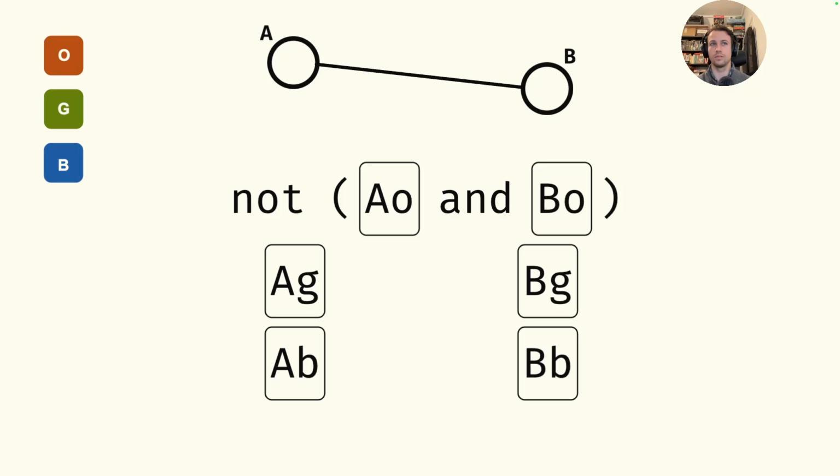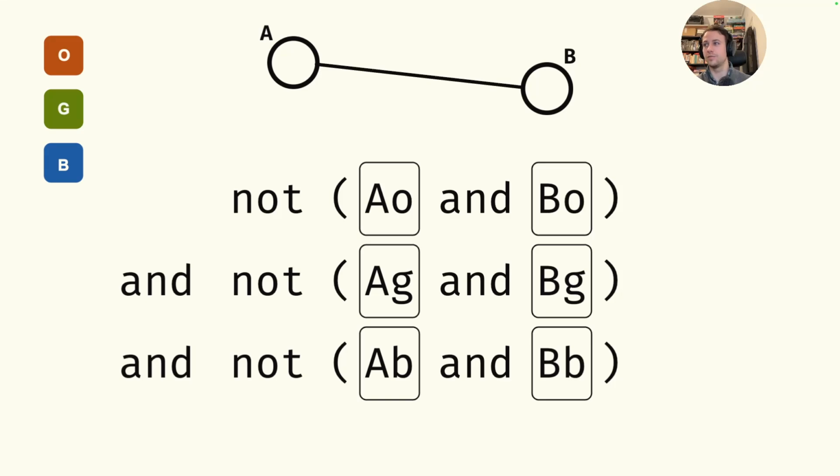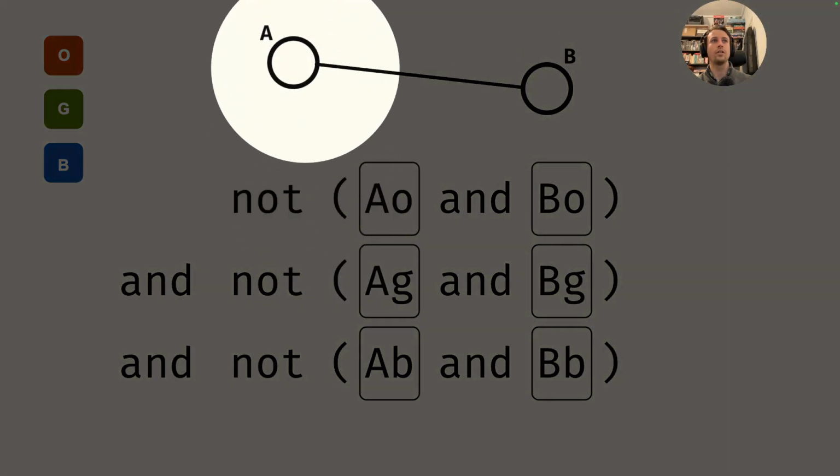And also, I cannot have A of G and B of G. And by the way, in case you weren't expecting it, I cannot have A of B and B of B at the same time. I simply cannot, because that's how I want my graph to look.